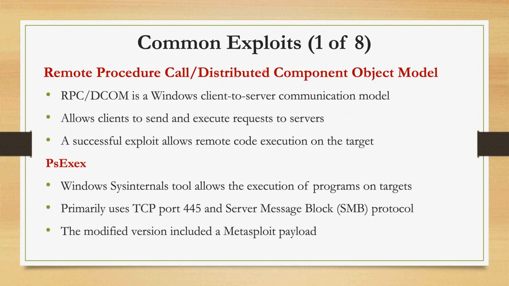Now, by all means, this is not an exhaustive list of common vulnerabilities, but we will cover the most important ones. The first one we talk about is Remote Procedure Call Distributed Component Object Model. This is a Windows client-server communication model that enables a client to send requests and execute functions on remote servers easily.